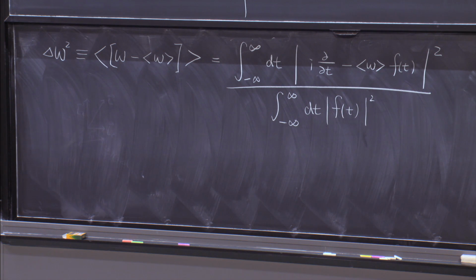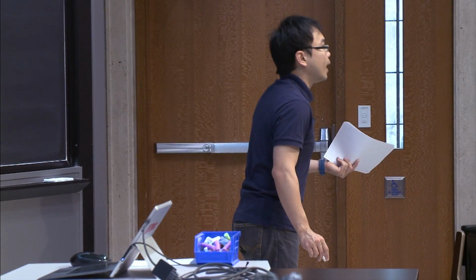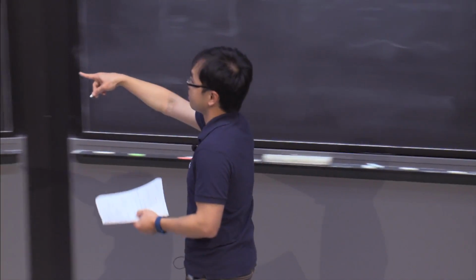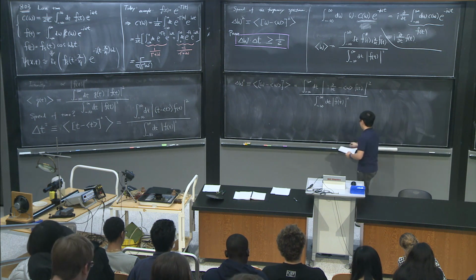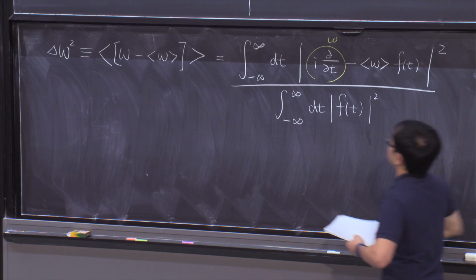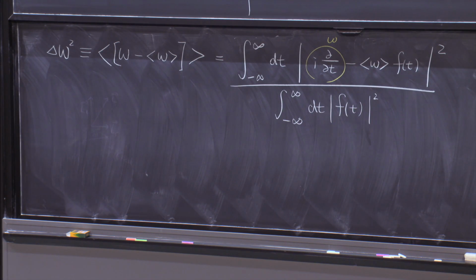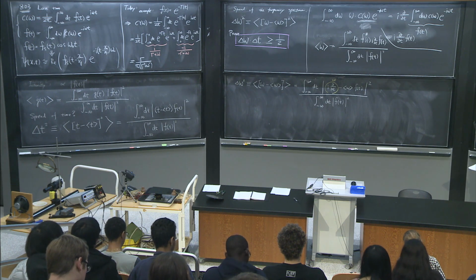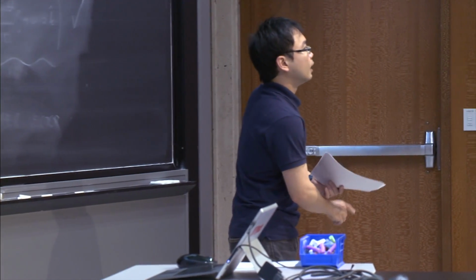So the take-home message is that I'm using this trick to replace all the omega by I partial t. Therefore, in my formula, you'll see that originally this is supposed to be omega, and we were using that trick. Therefore, it can be written as I partial t, and you will realize why this is useful afterward.